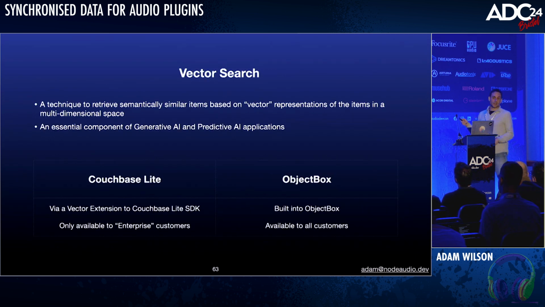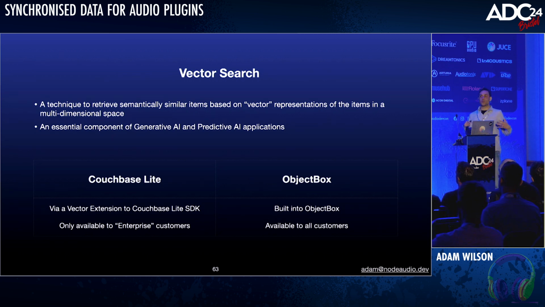Another thing that Vivian, the CEO of ObjectBox, mentioned to me at the end of our call, she said, "Oh yeah, by the way, we can do vector search." I was like, "Oh, I've heard that term. It's become a bit of a buzzword, but I don't quite know what it is." So I looked it up. It's actually on the Couchbase site that I got this definition from.